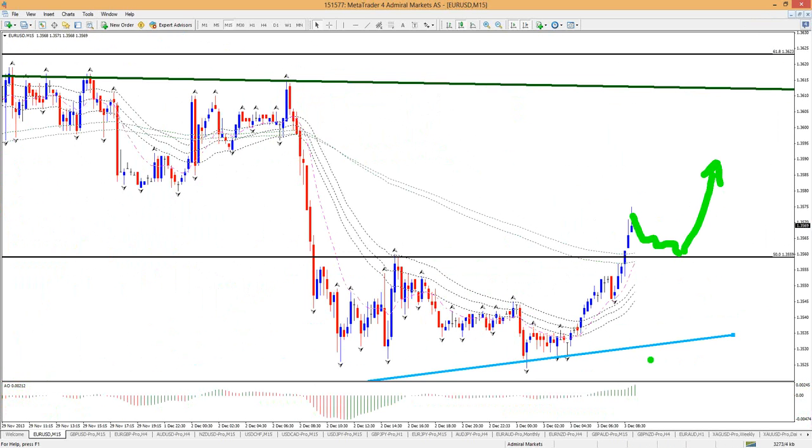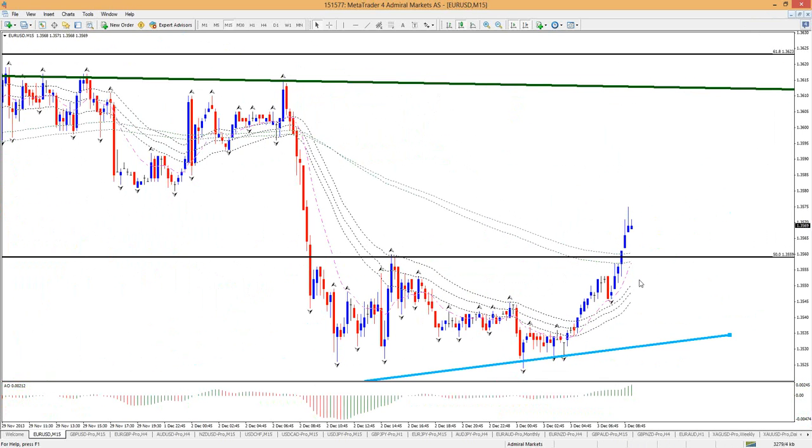If we don't see it, then I would want to see a break below the blue line. But I think that, looking at the most recent price action, seems less likely. So 137 is the answer then in that case, if we get that confirmation, what I'm looking for at least. So hope that makes sense.